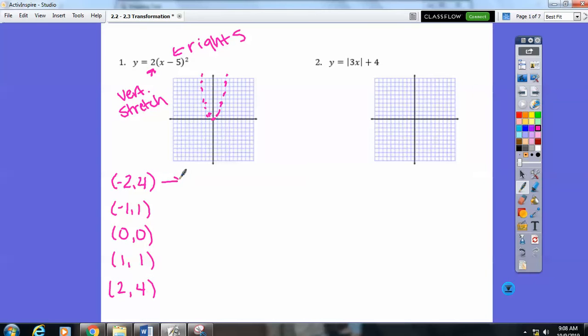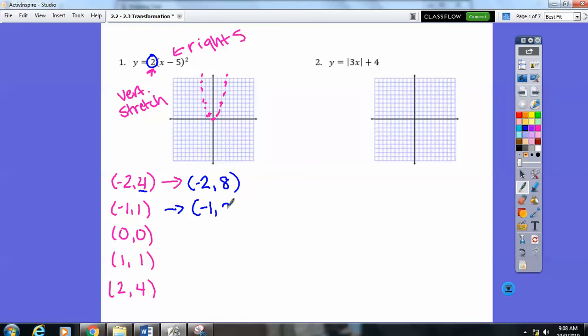So if I'm looking at this, am I changing my x or my y? Outside is y. It does what we think. So it has times 2, so I'm taking my y's times 2. So this becomes negative 2, 8.